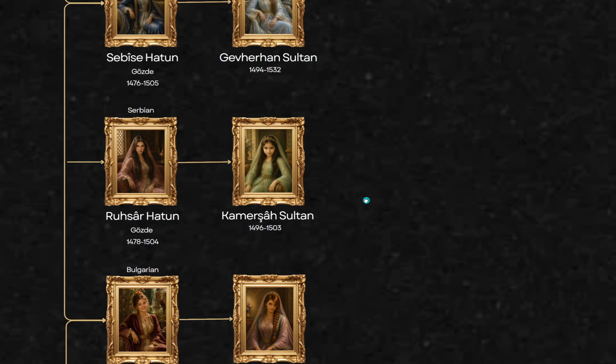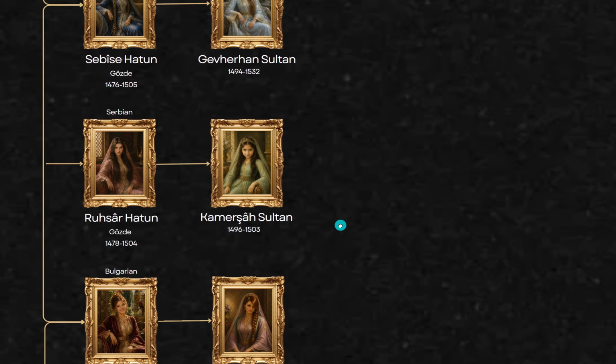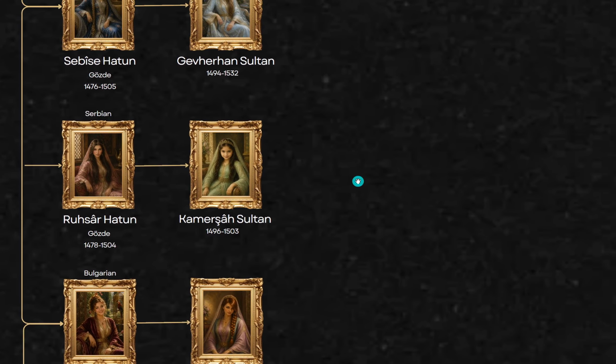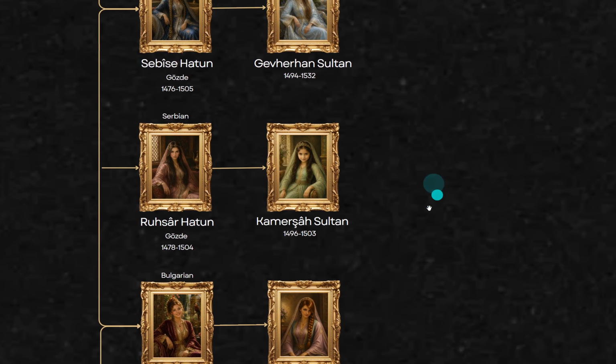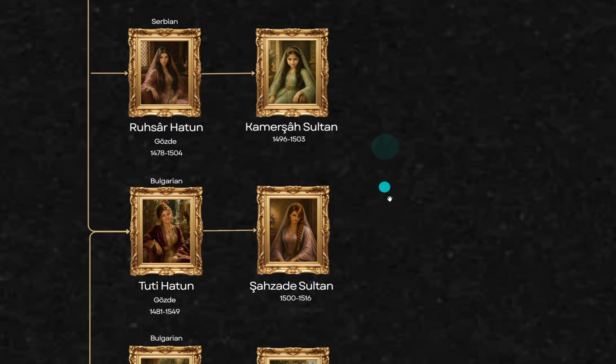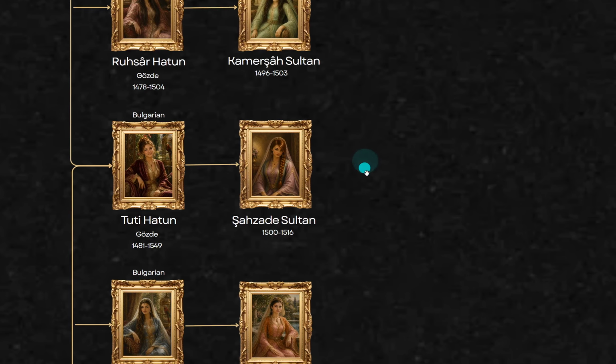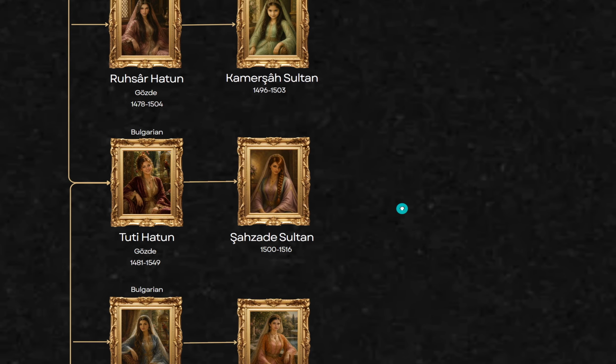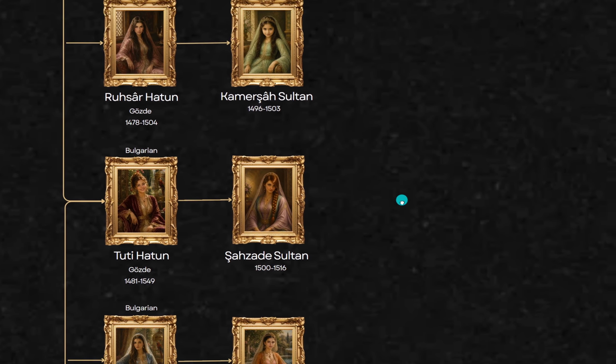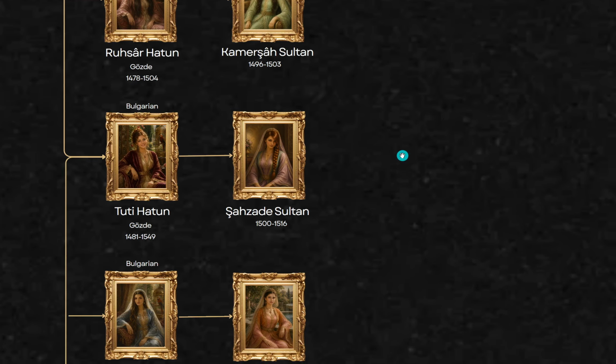Perhaps she dies of grief, of losing her child. We don't really know, but these gaps in history create opportunities for storytelling. That's why having this kind of storyboard is very useful.